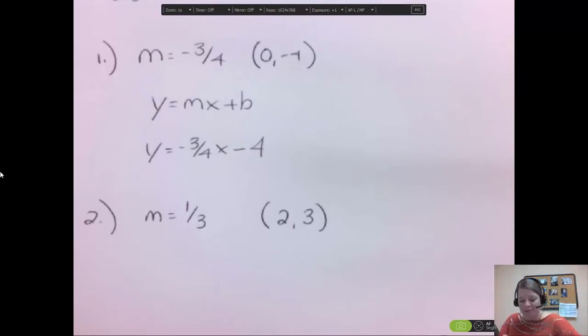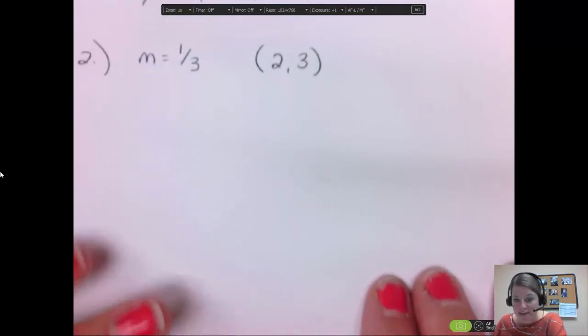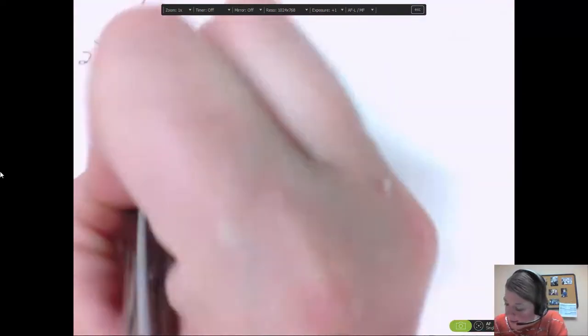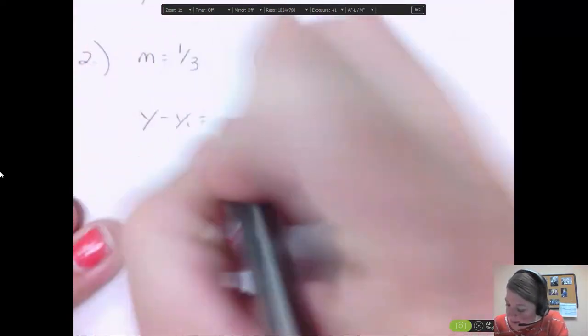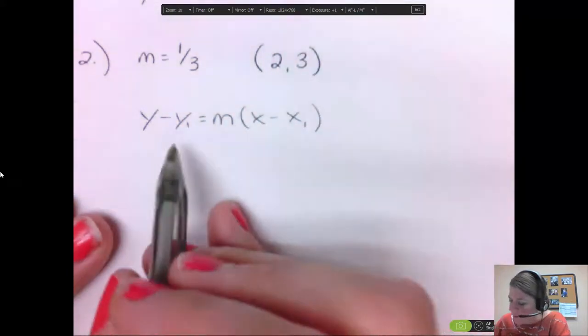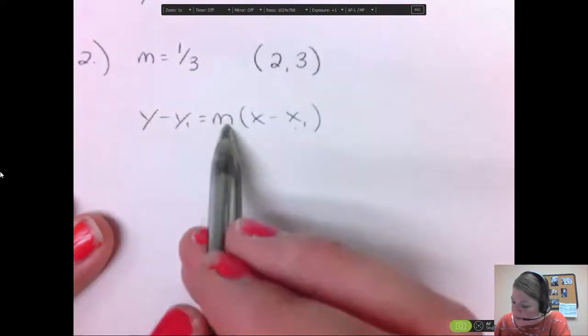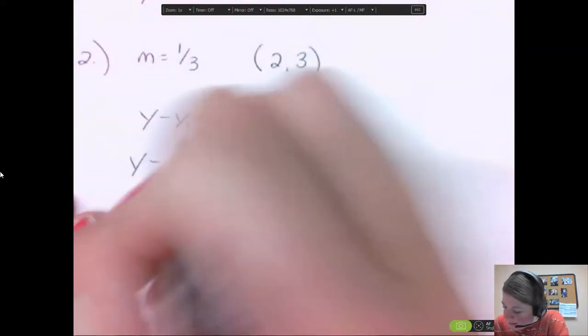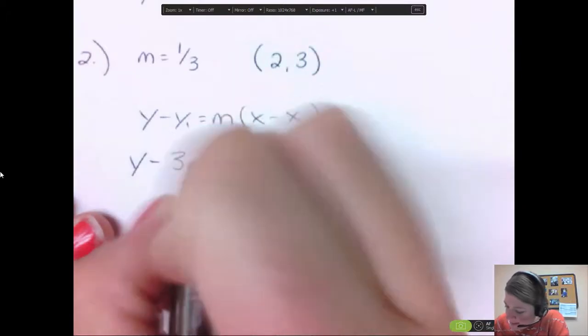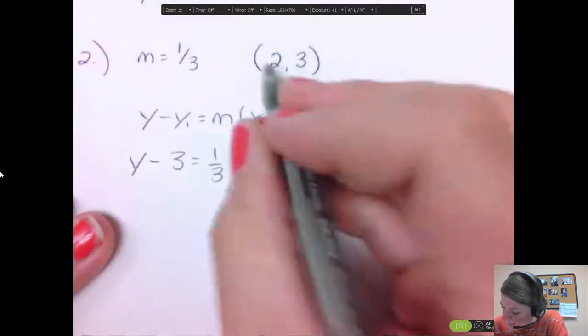Now I have the slope and I have a point, but I need the equation of the line. So I will use point slope to find the equation of the line. So I know y minus y1 equals m times x minus x1. So from here, plug in your point x, y here and your slope here so that I'd have y minus 3 equals m of 1/3 times x minus 2.